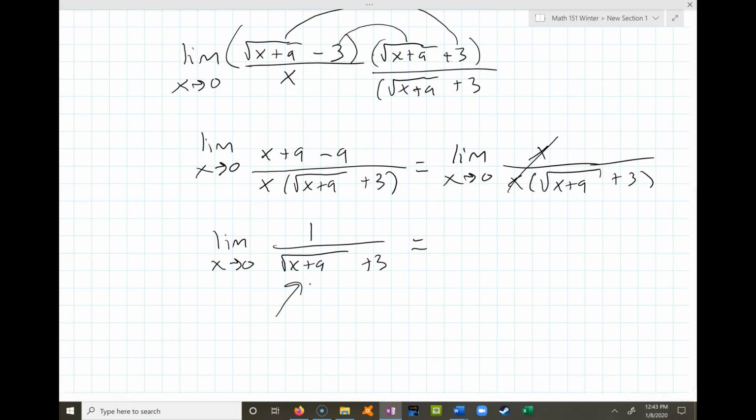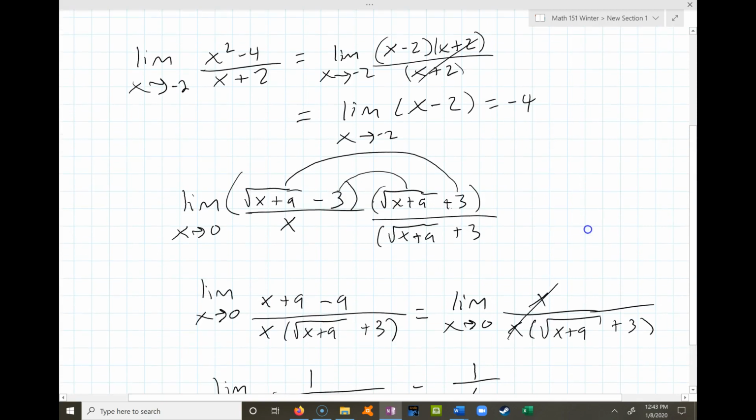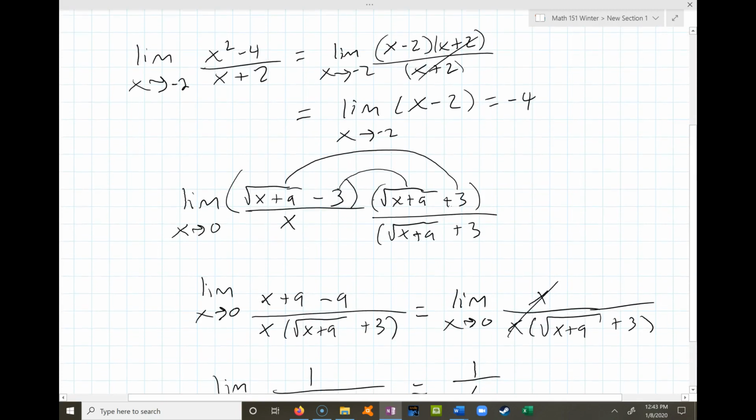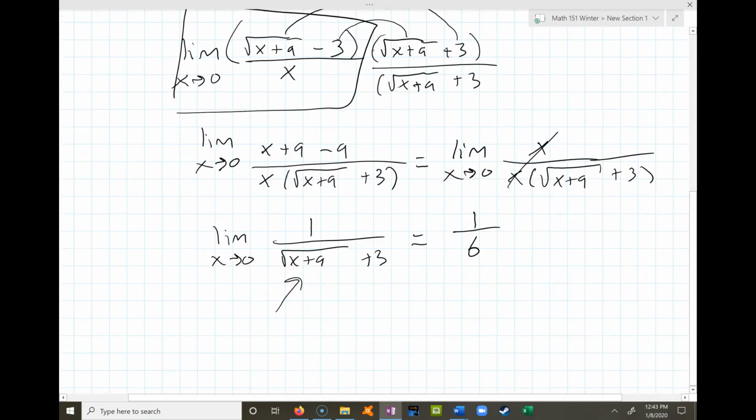And the square root of 9, of course, is 3. So this whole thing is approaching 1 over 6, because we'd have 3 plus 3. So the limit of this expression as x approaches 0 is 1/6. Isn't that interesting?